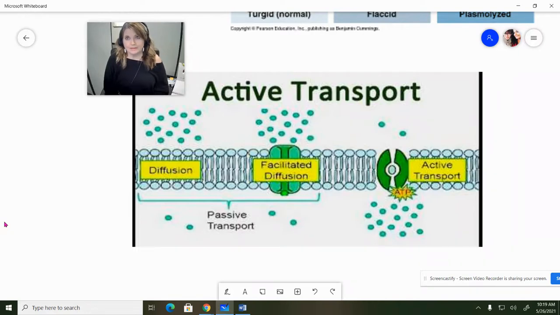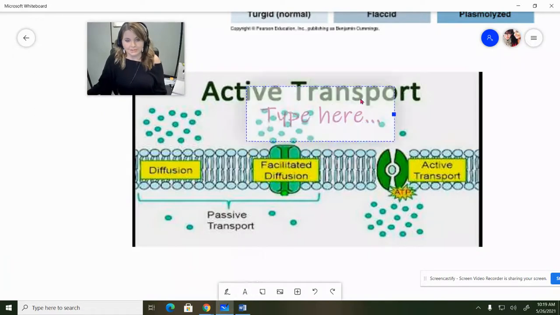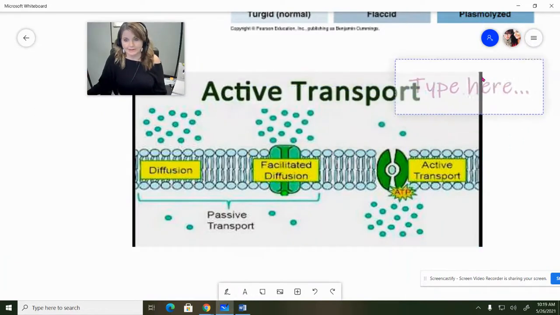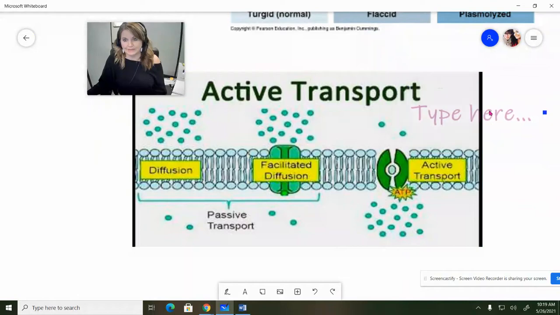So, for example, if you're going back to that slide example, you slid down the slide from an area of high elevation to low elevation, but then you're going to climb back up the slide to get back up to slide back down again, right? So climbing back up requires energy on your part, adding additional energy. So active transport is kind of the same thing. It's requiring additional energy to be added here, and that's energy in the form of ATP.